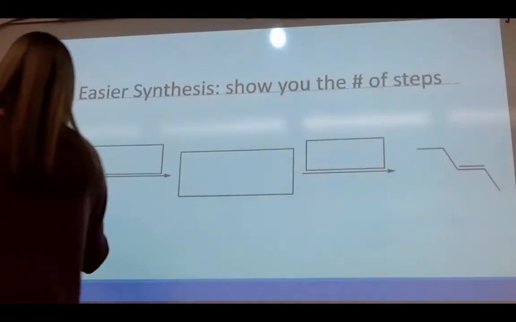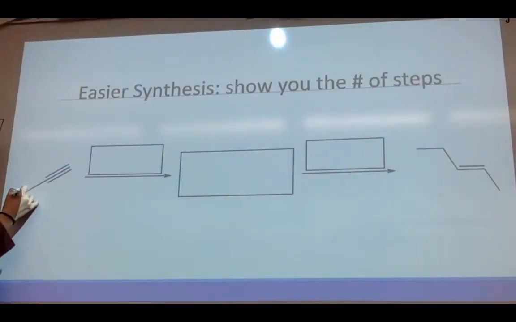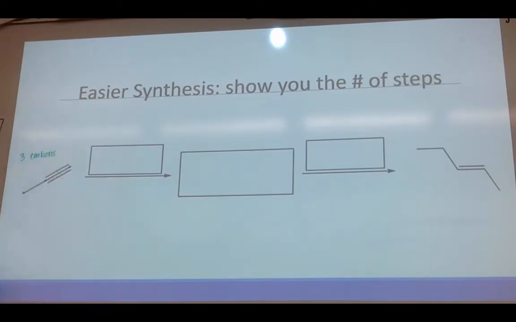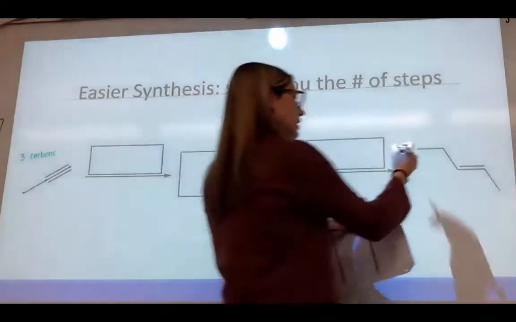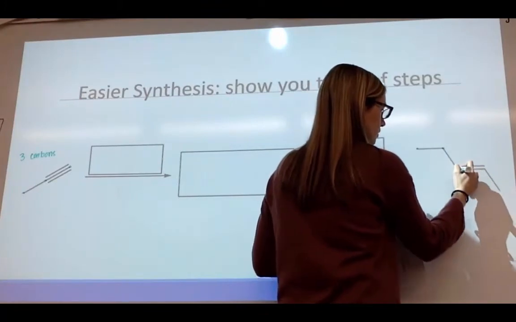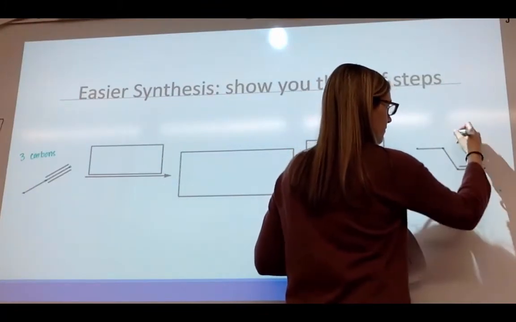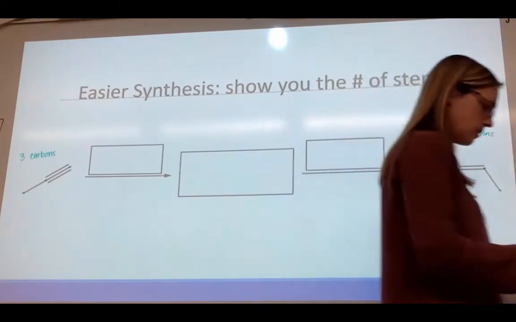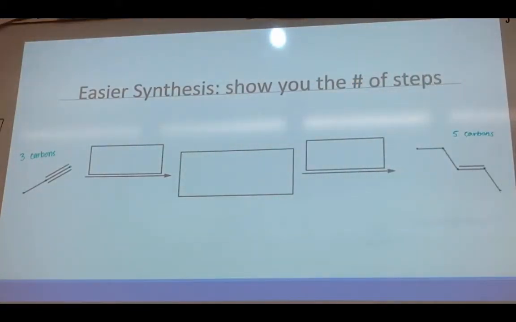Start by counting your carbons. So here we have 1, 2, 3 carbons. There are 3 carbons in this starting chain. Here we have 1, 2, 3, 4, 5 carbons. So the number of carbons has changed.